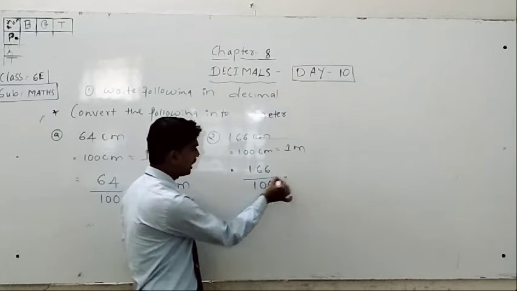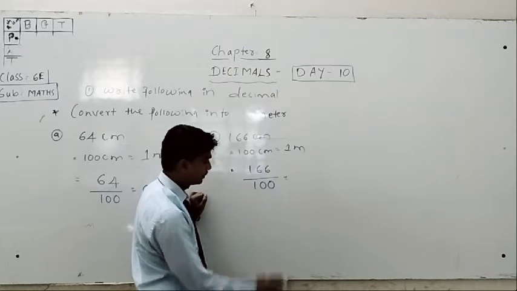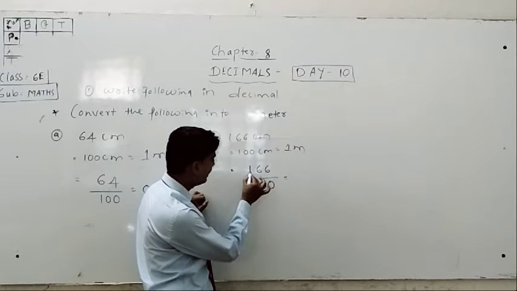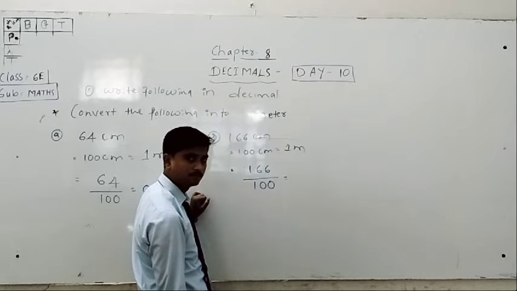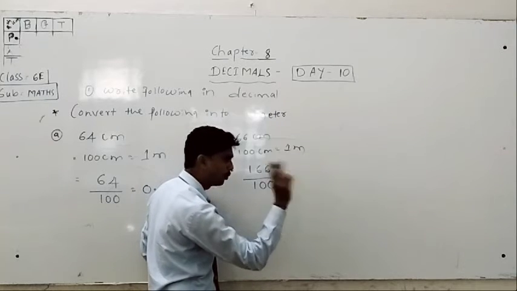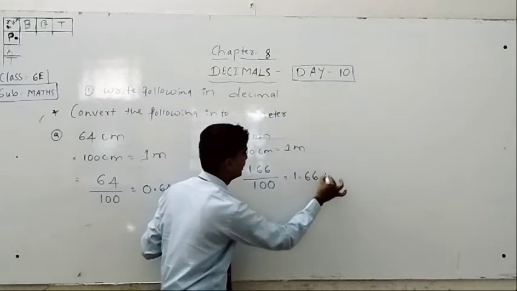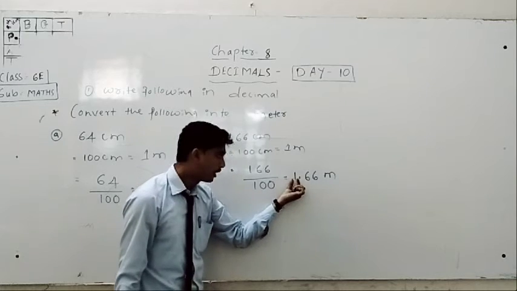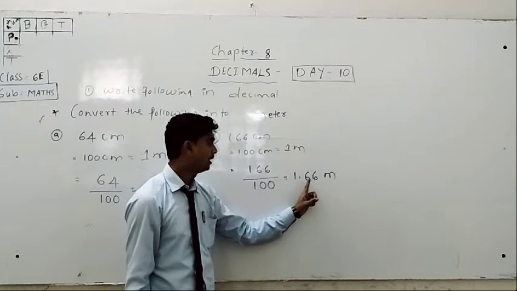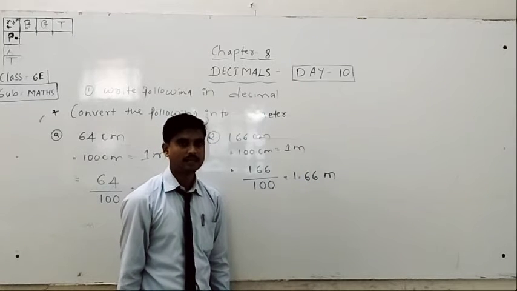But look here, 166 is there, but below 100 is there. Then for 166 you have to write two numbers after the point, so 1.66 meter, because 1 meter 66 centimeter means 1.66 meter. We are telling that.